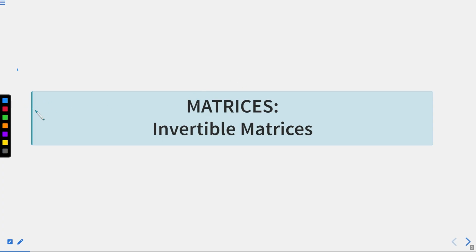So far, we have reached this point where we will be learning about invertible matrices. What do we mean by invertible matrices? This is a very important topic in this chapter, matrices.